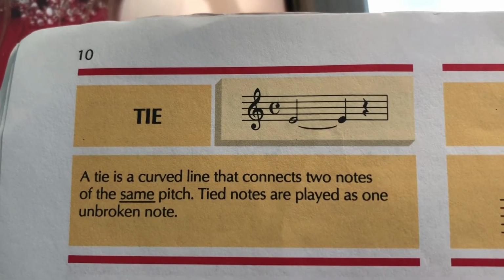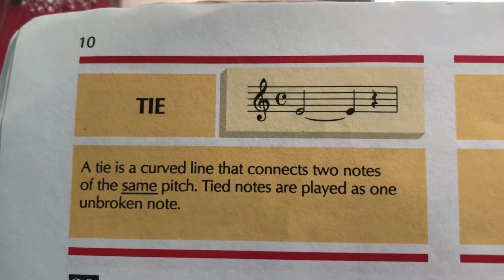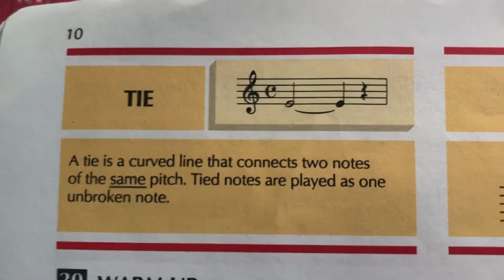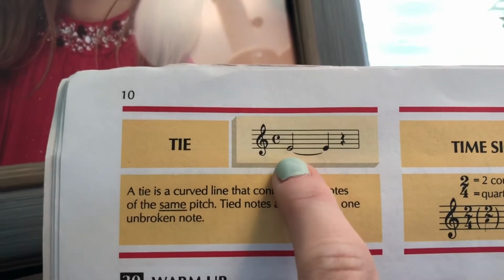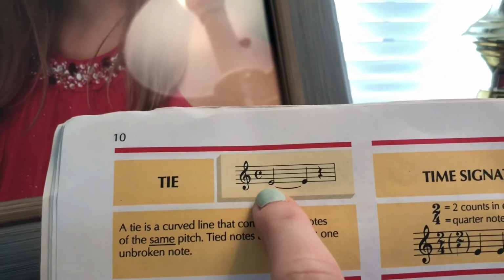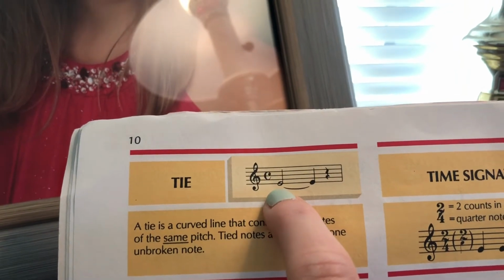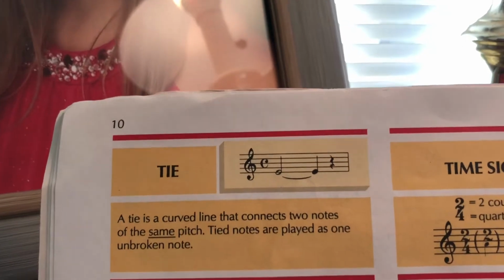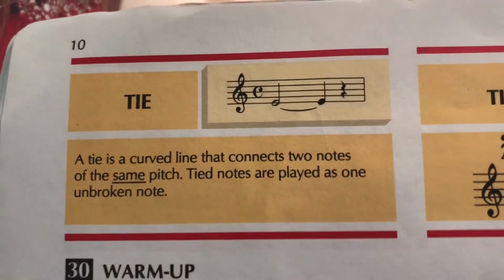We have done this before, and it's called a tie. A tie looks so much like a slur, but it's different. A tie is connecting two notes of the same pitch, the same curved line, but you see this is an E on the treble clef, this is also an E, and it's connecting them. The only thing it's doing is adding value to the note.